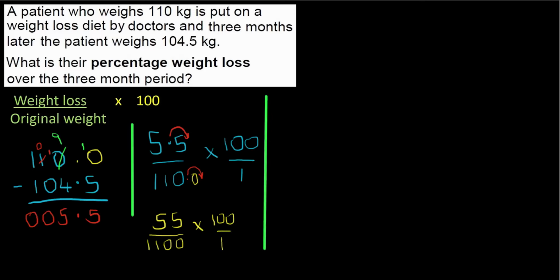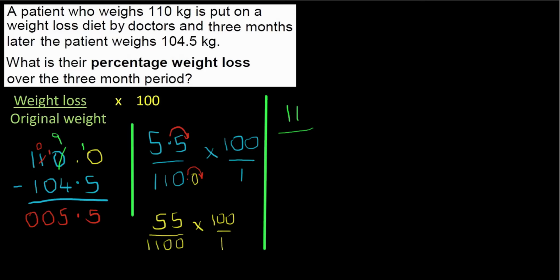times 100 over 1. Now it all looks a bit tricky, but we can just hold our nerve here, because with the first fraction 55 and 1100 we can see that 5 goes into both. Now 5 goes into 55 11 times, and 5 goes into 1100.